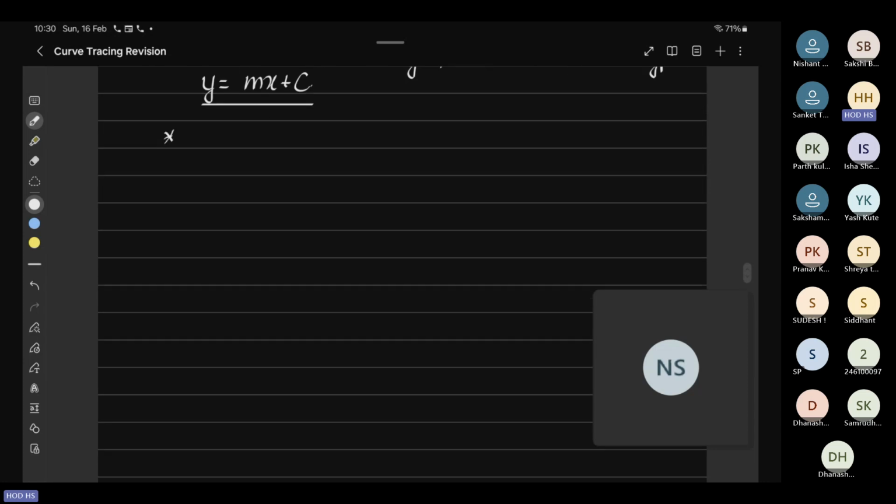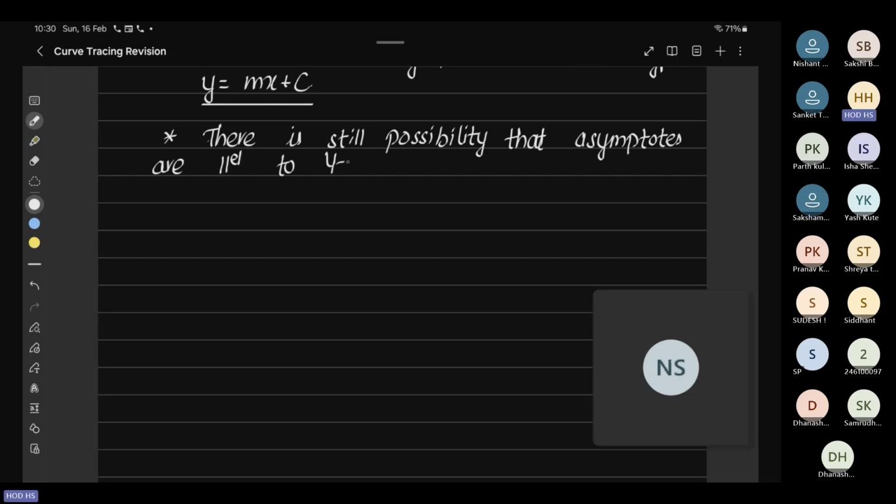So there is still a possibility that asymptotes are parallel to the y-axis.